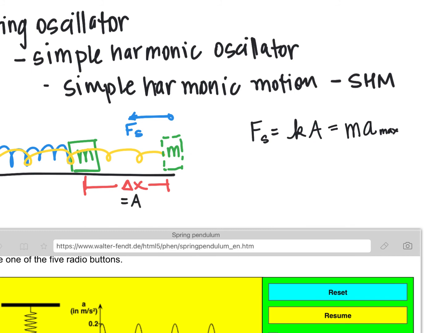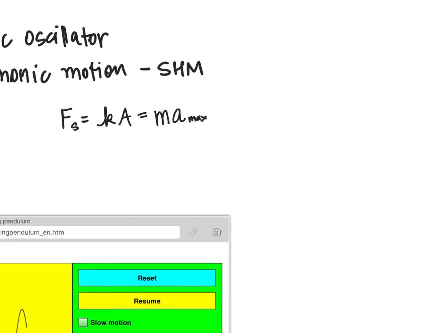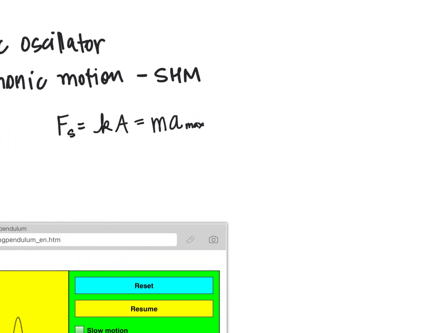Now, from our equation for acceleration with respect to time, we saw that the acceleration is equal to negative A omega squared times the cosine of omega t. And acceleration would be a maximum when the cosine function is 1.